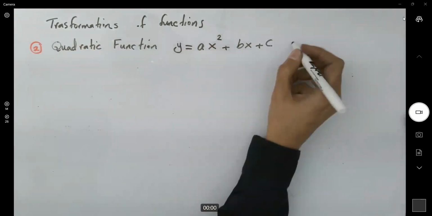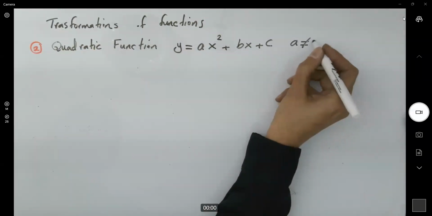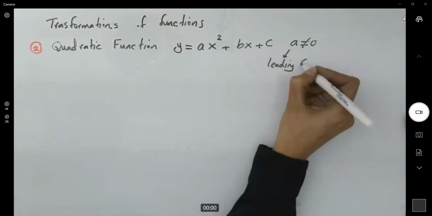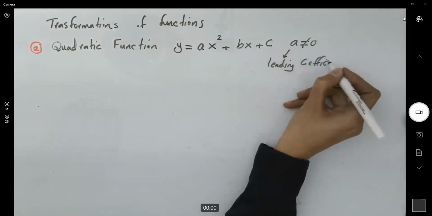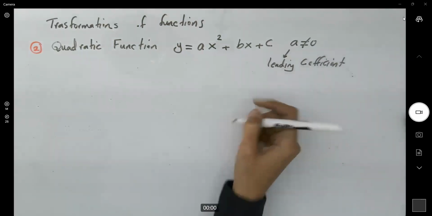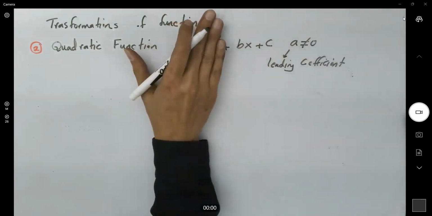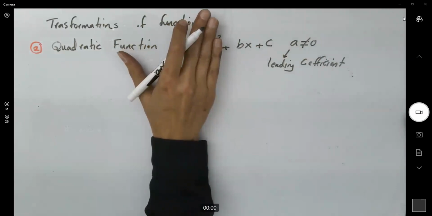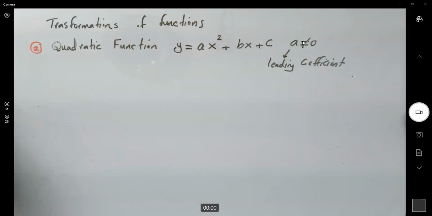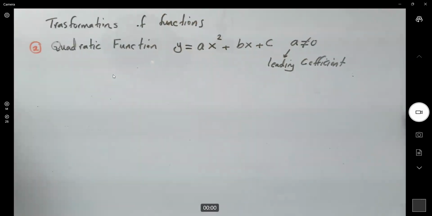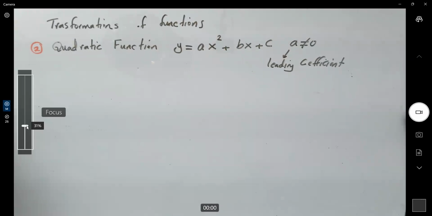Remember that we specify that a, the leading coefficient, is not 0. If it's 0, this function becomes a linear function, which is not of our interest. We already talked about linear functions. We want to work with a new function, which is called a quadratic function.